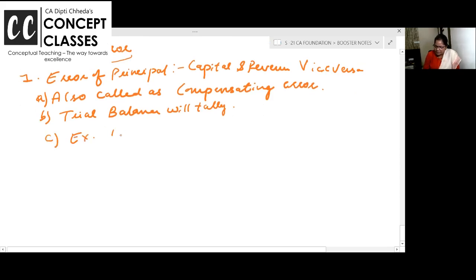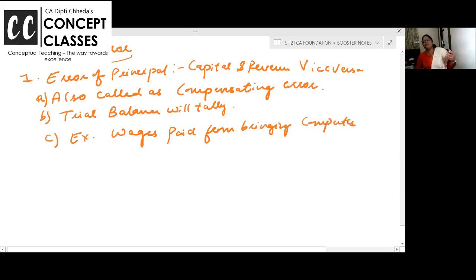Example: wages paid for bringing computer. You know, you brought some computers from Secunderabad to Hyderabad and you want to put wages.